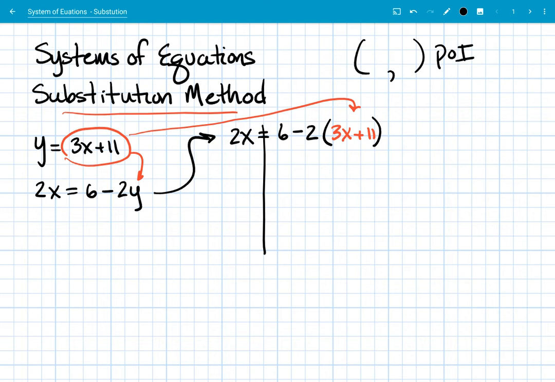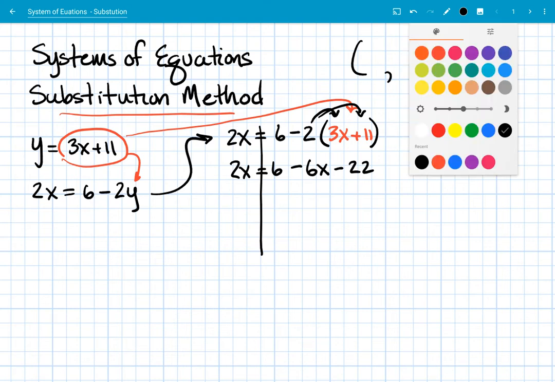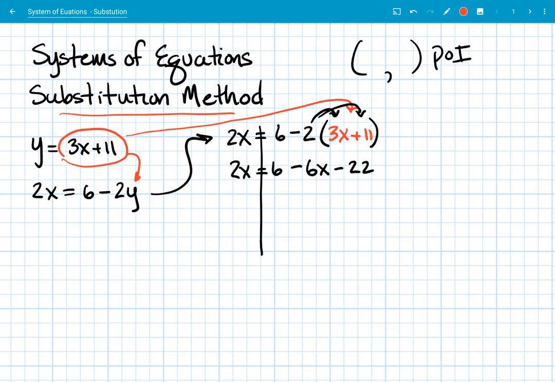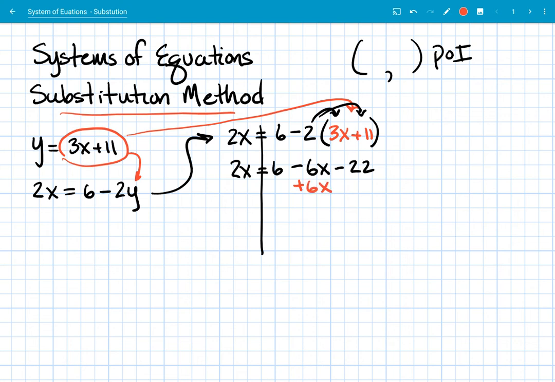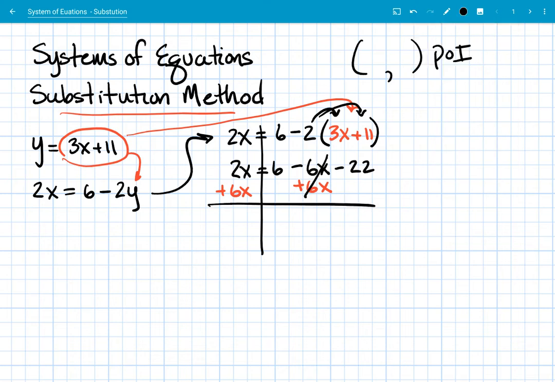We're going to have to start by distributing this -2. So I'm going to rewrite 2x equals 6, and then a -2 times 3x is a -6x, and a -2 times 11 is a -22. All right, so I got rid of the parentheses. We'll add the 6x over, and that'll take care of that term. And that'll give me 8x.